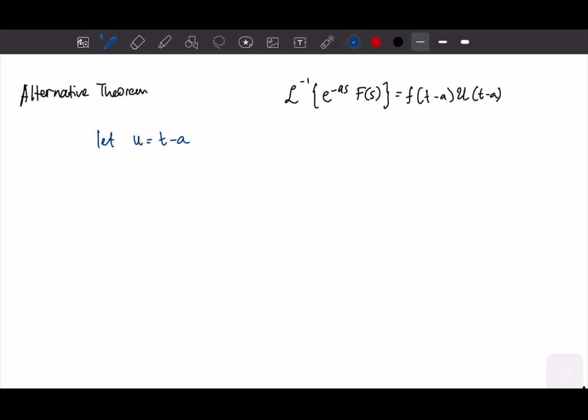we can obtain that. Let me write the Laplace.